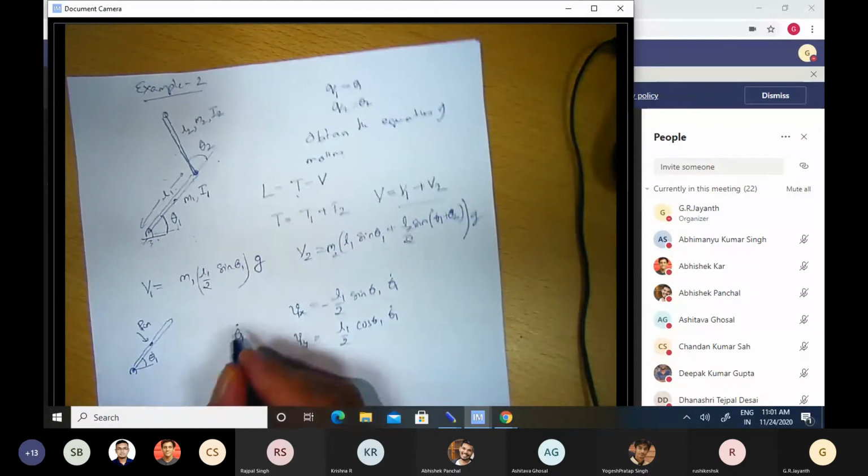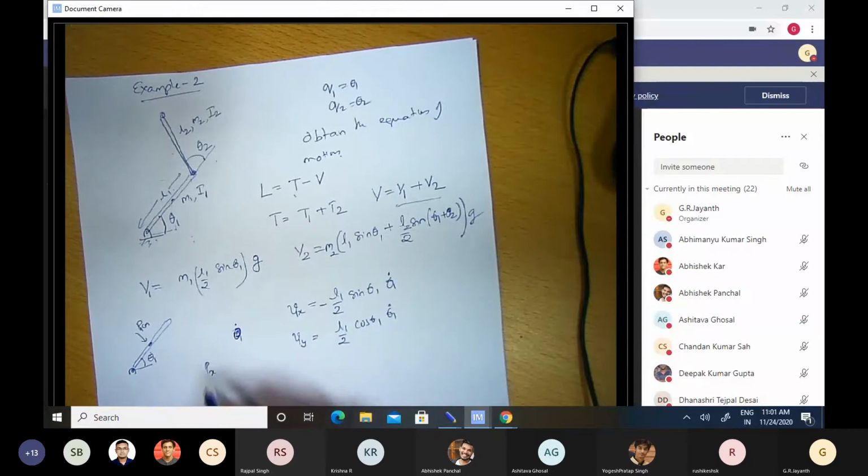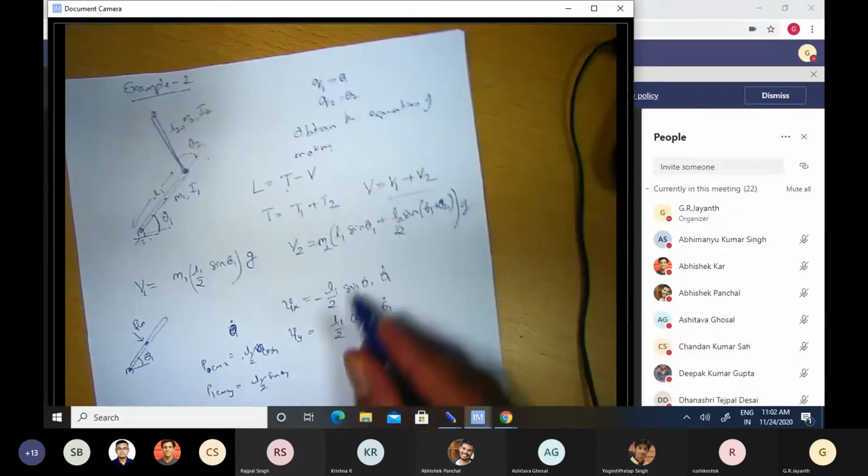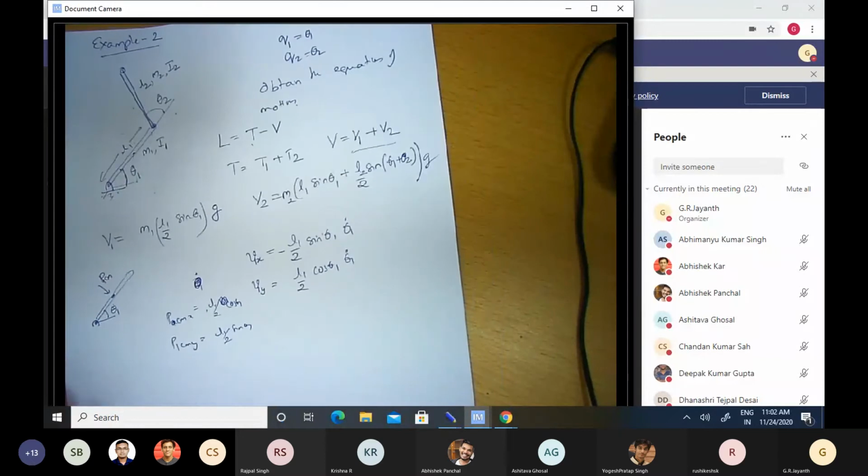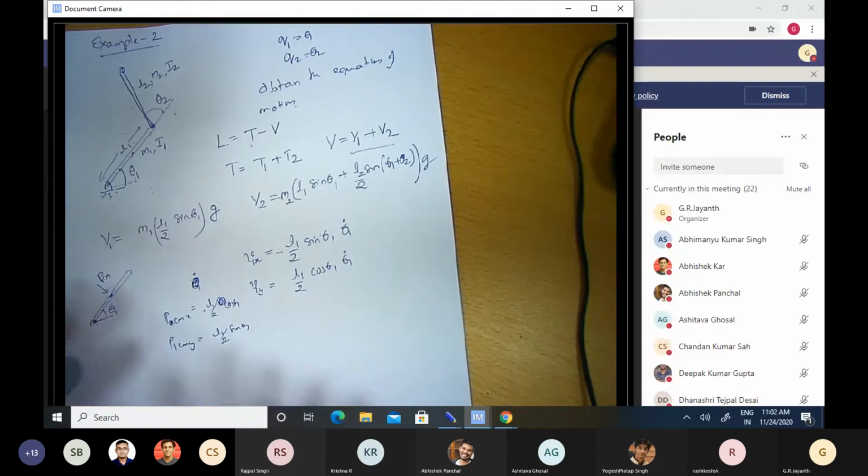You can write down the x component of the center of mass P1 cm x to be equal to L1 by 2 cos theta 1 and P1 cm y to be equal to L1 by 2 sine theta 1, and differentiate those two to get the corresponding velocities. That can also be done if you want to take one step back. But ultimately, it boils down to understanding the kinematics of the problem correctly.